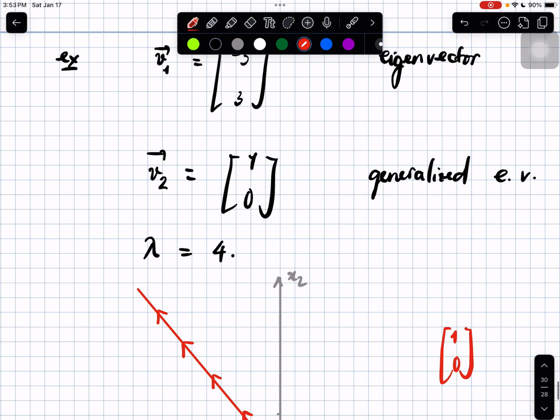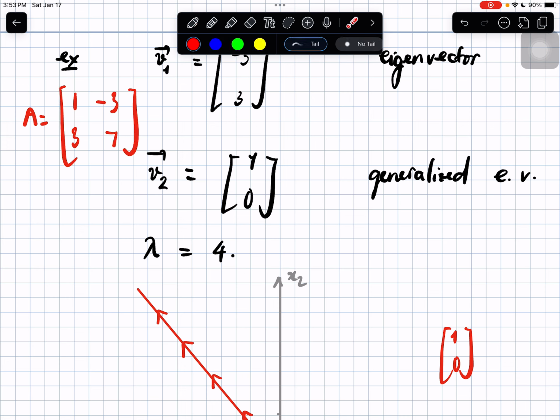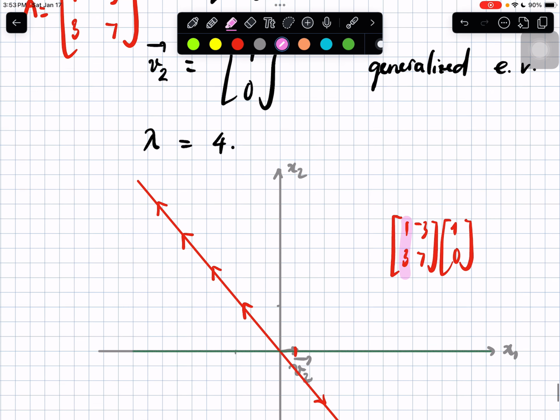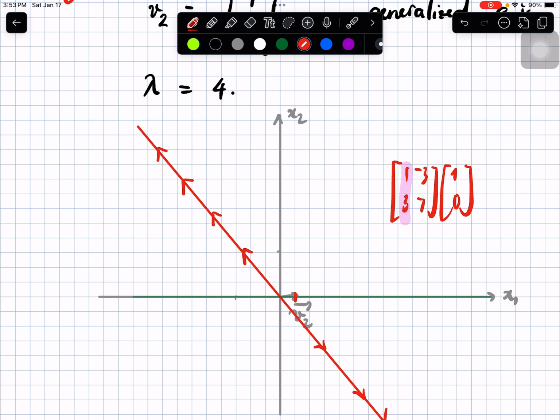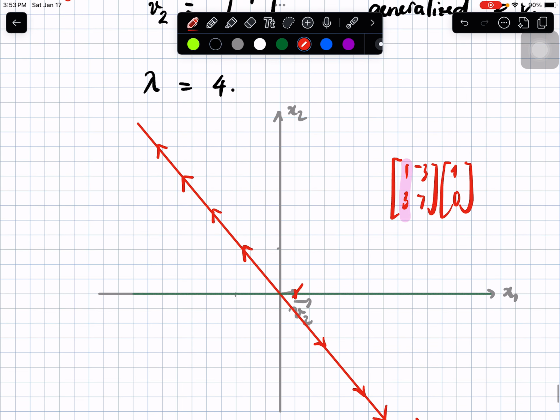Assume that we have the matrix A equal to (1, 3; -3, 7). Multiplying by (1, 0) gives us the first column, (1, -3)... both positive, so it should be pointing up.